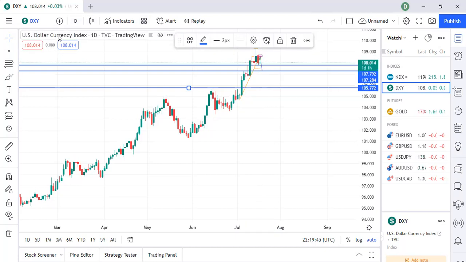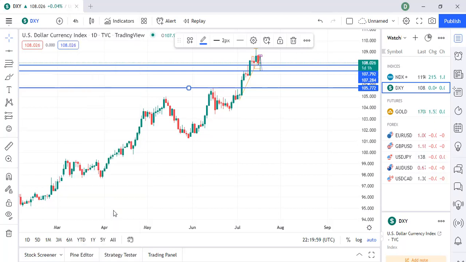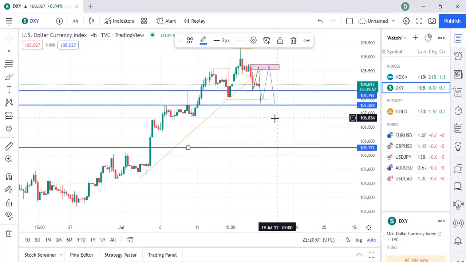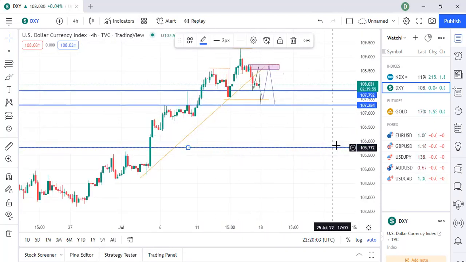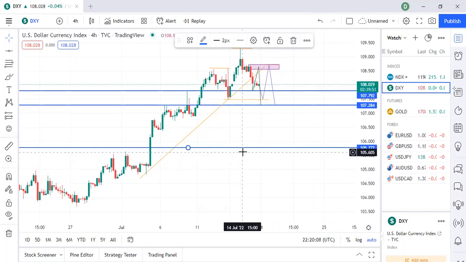All right, so let's quickly take a close look at it. As I said, the bias is buy, so we are still going to buy on this asset. Let's quickly take a look at what is happening on H4. I'm expecting price to come to this level based on what we see on the daily time frame, that flip area, the area that was flipped.